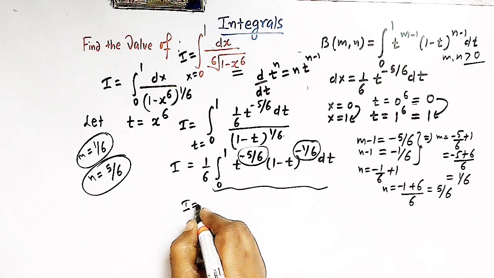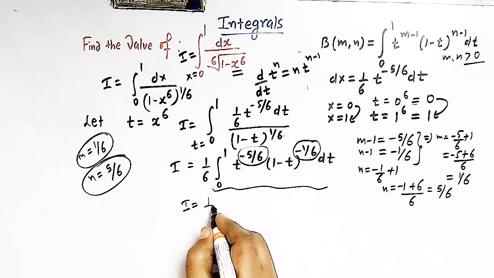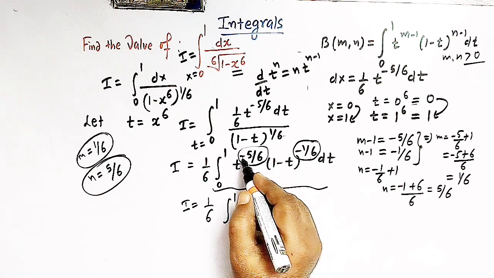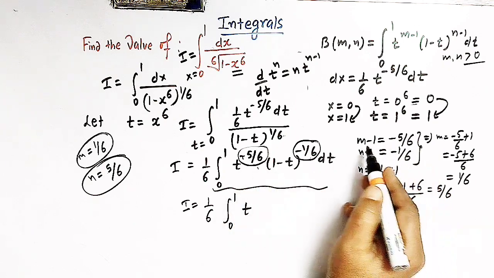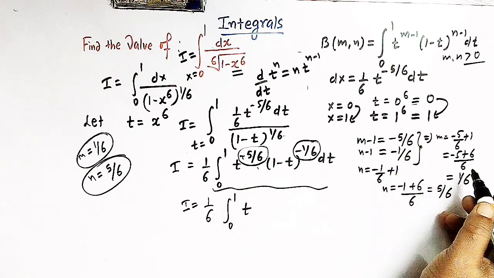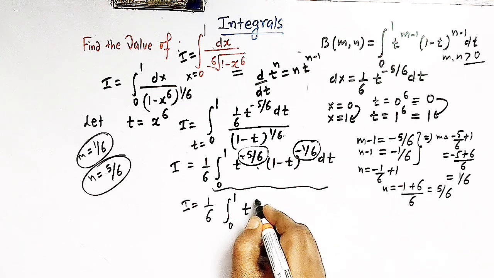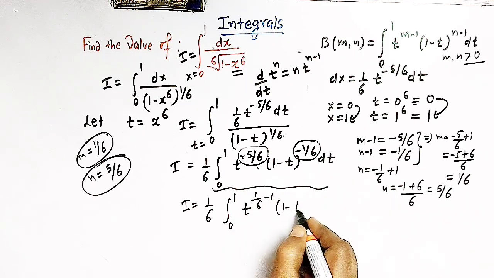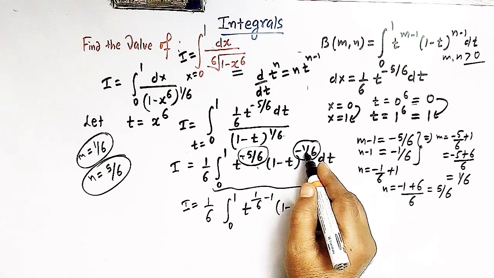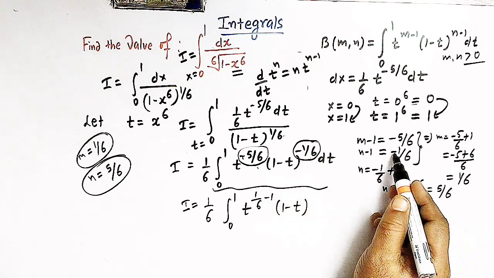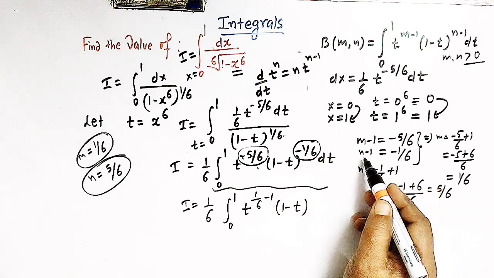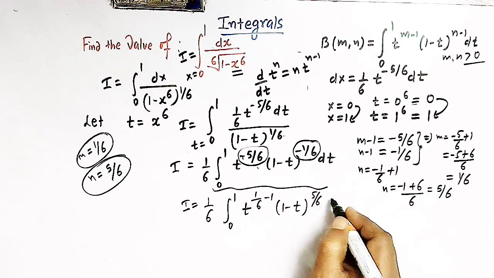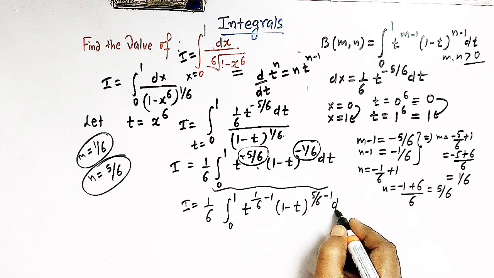So now we can write this integral as 1/6 times the integral from 0 to 1 of t^(-5/6), which is m - 1, so we have m equal to 1/6, so 1/6 - 1, and here we have (1 - t)^(-1/6). So -1/6 can be written as n - 1, so we have n equal to 5/6, minus 1, dt.